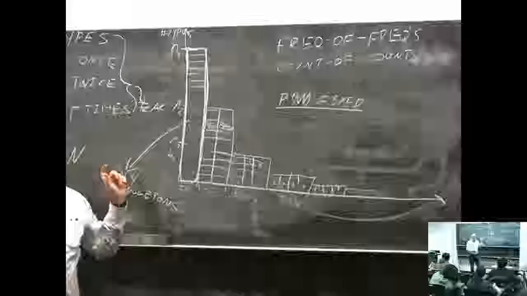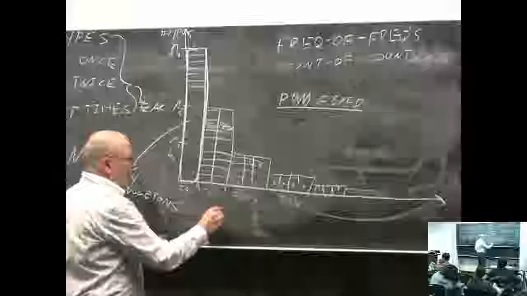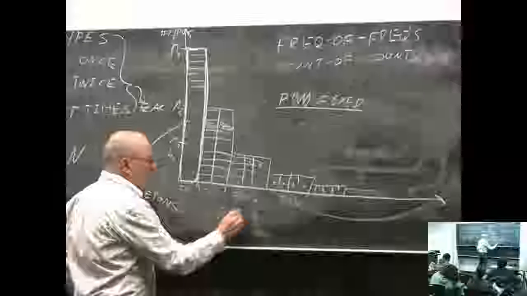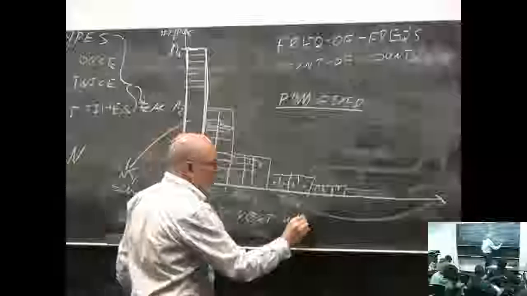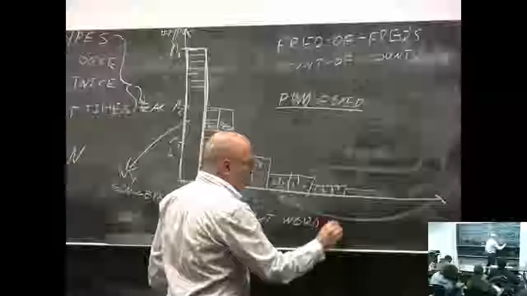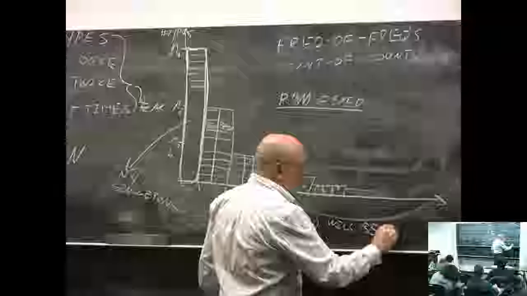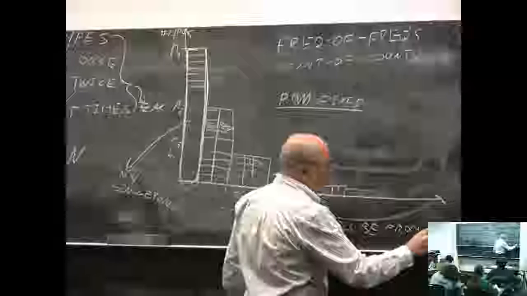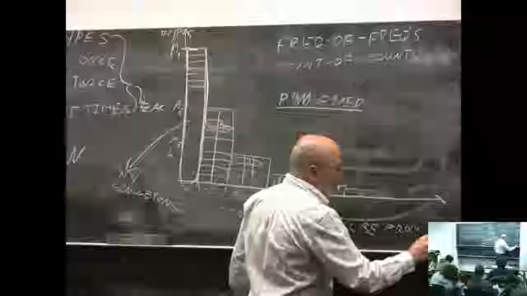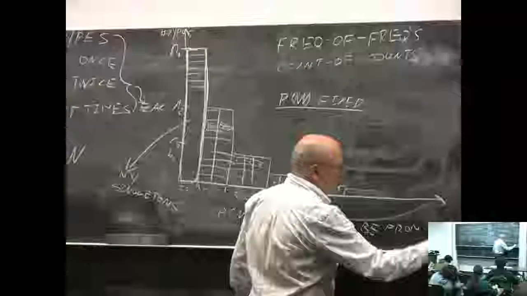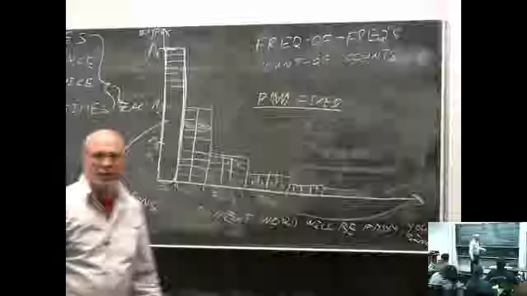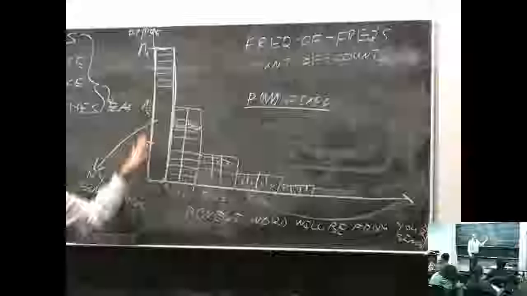And I want you to tell me what is the probability that the next word that you draw will be from your singletons. Next word will be from this list of words.